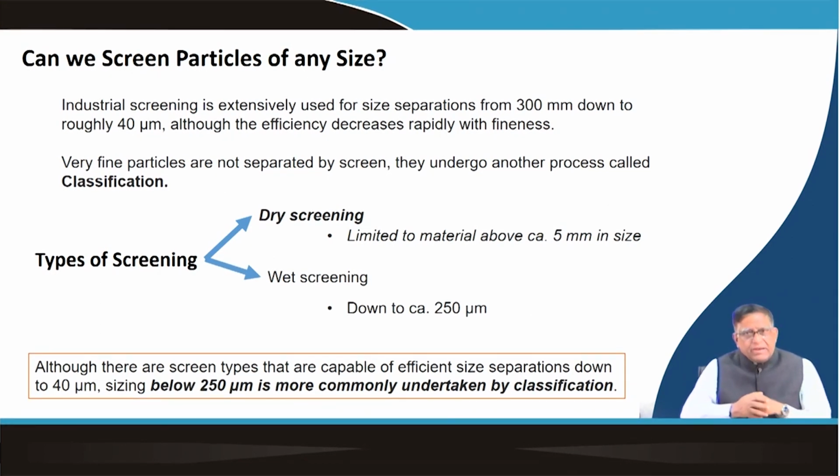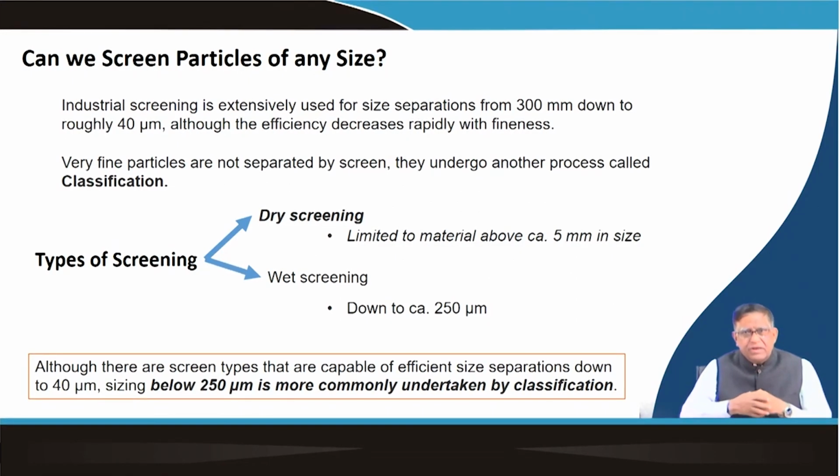Then the types of screening are dry screening and wet screening. Normally in wet screening you go to very small sizes, up to 250 micron or 50 micron, while dry screening is always done at around 5 millimeter size.